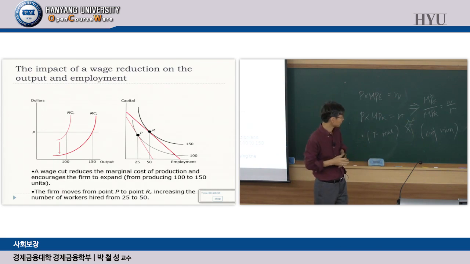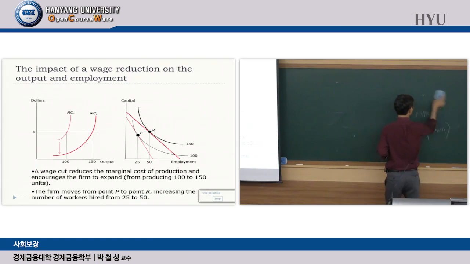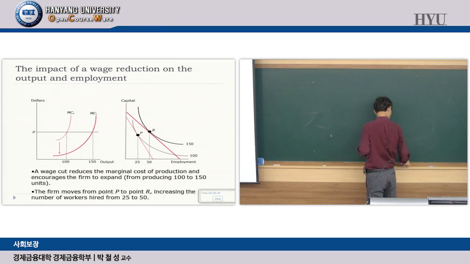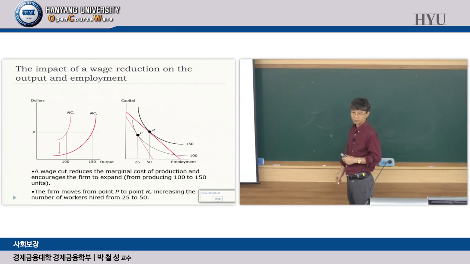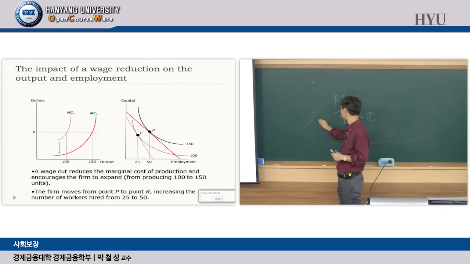So think of the profit maximization problem, for example. This is total revenue minus total cost. That's the profit.